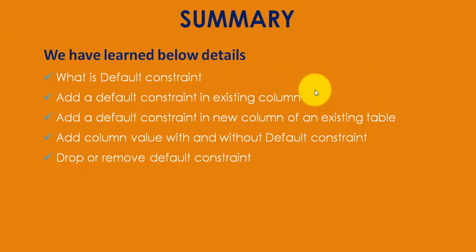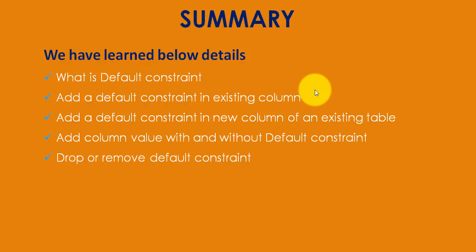So next is the summary part, what we have learned today: what the default constraint is and what its importance is. Importance, especially if you don't want to add the column value, for example, there are two tables.